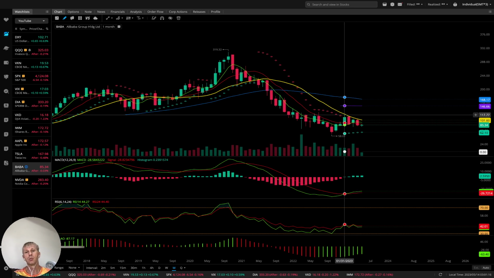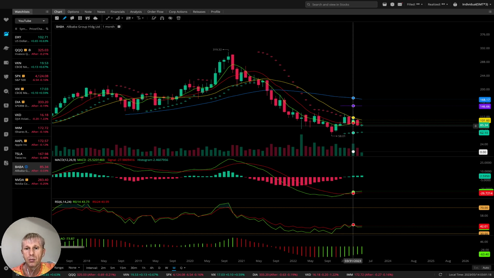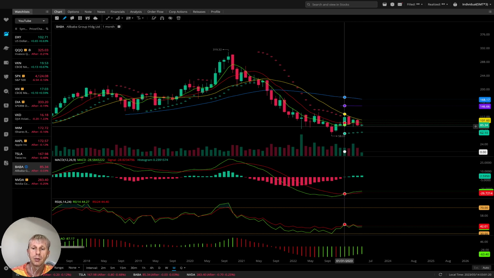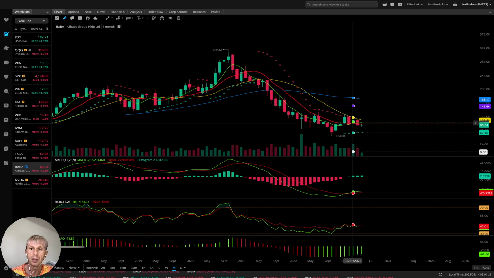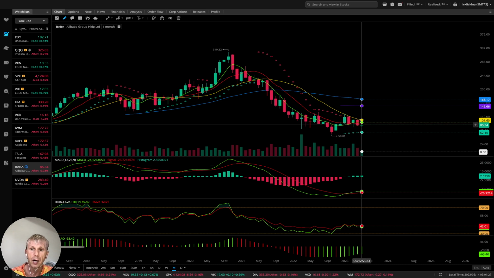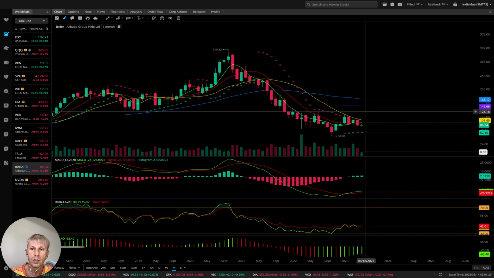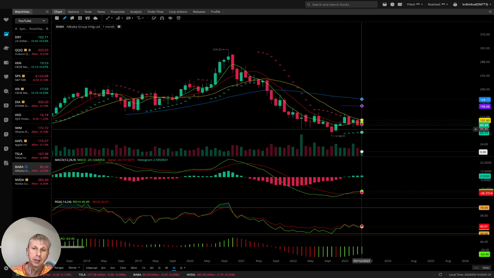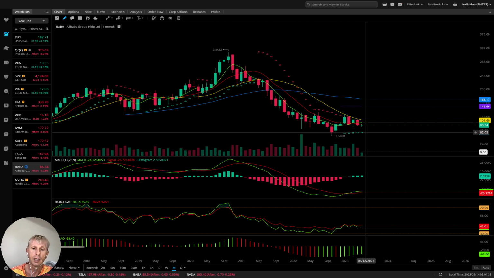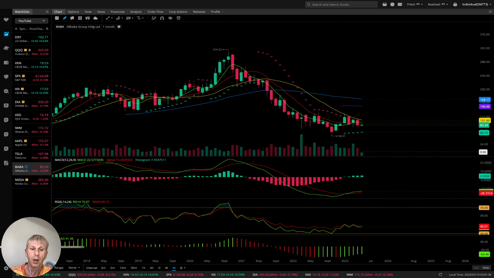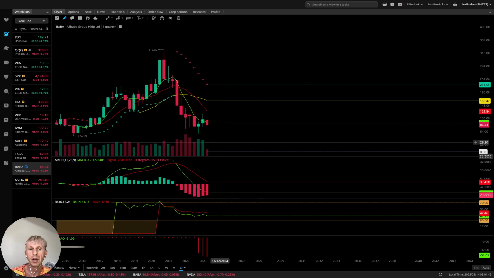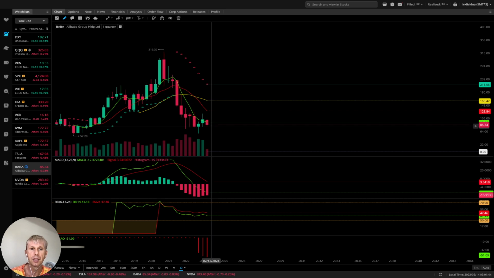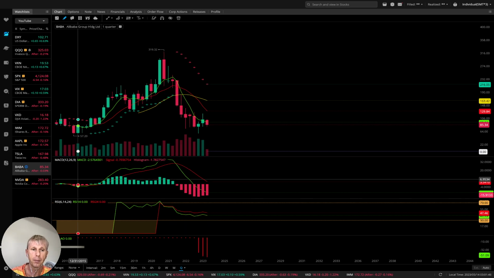All moving averages below. Now the bars are below 20. It's bearish, but the signal is kind of positive. MA5 did bullish crossover. It's positive, but the last bar moved below all moving averages. It is negative territory, but the signal is positive for BABA. Quarterly time frame, it's not a lot of data, but it's still bearish.